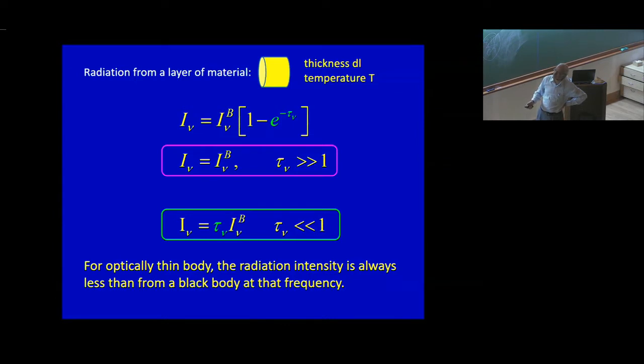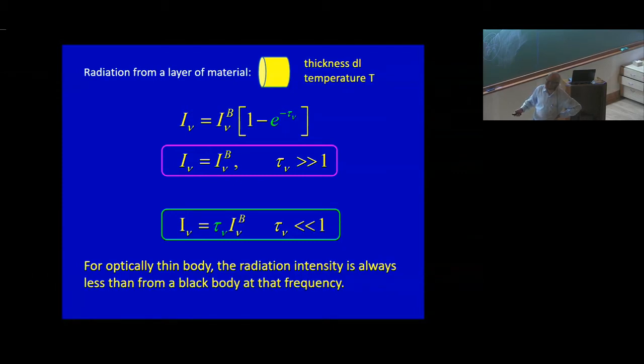Therefore, the specific intensity of a body, by the way, there is no background radiation. I'm talking only about the radiation from a body whose optical depth is very small. Therefore, the specific intensity is tau nu into I nu b. In other words, if this body is diffuse or not opaque, it will not emit black body spectrum.